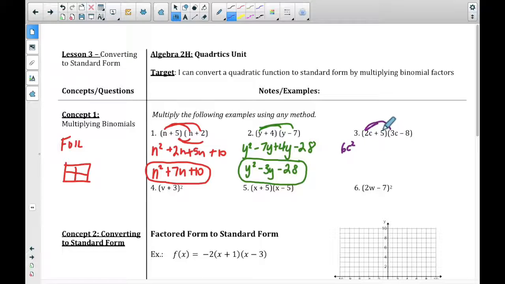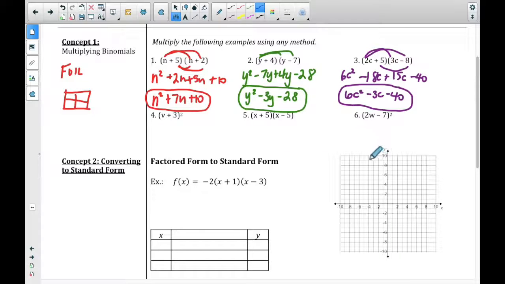Now I'm going to multiply it by the next one, and I'm going to get minus 18c. And then my inside terms is going to be 5 times 3, that's 15c, and my last term is going to be minus 40. And now you just have to add your like terms. When I add my like terms, I get 6c squared minus 3c minus 40.